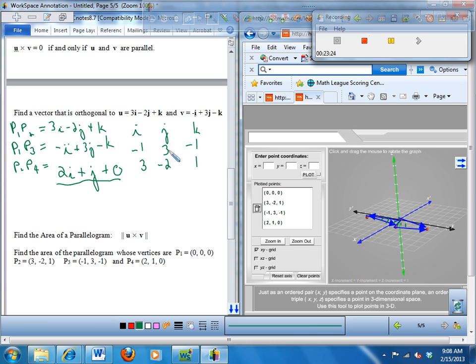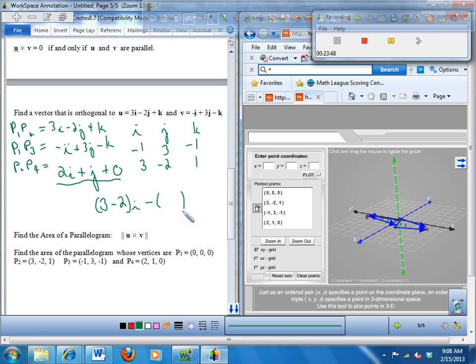And then I'm going to take the cross product of that, which in this case would be 3, right? 3, that's plus 2, but they're minus, so -2 in the i direction.